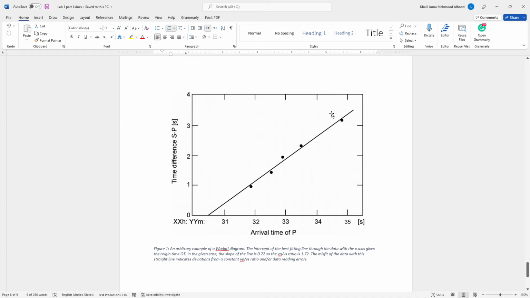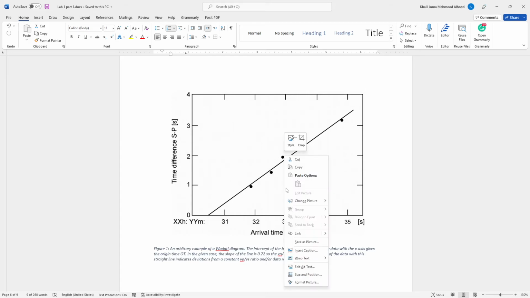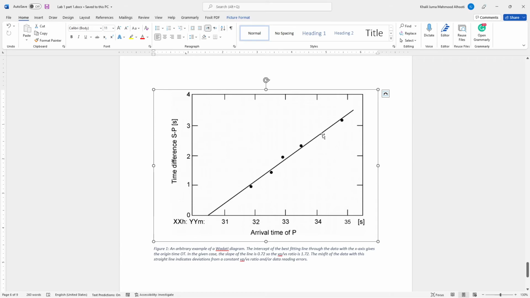And connect them through a best fit line. That can easily be done in Excel. Right click on any of these points in Excel, and there is an option to fit a straight line. So at the point it crosses the x-axis where the difference is 0, that's the origin time. So this is how you get the origin time.